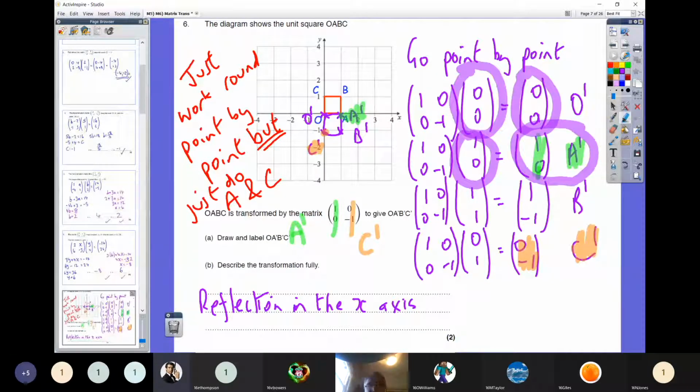Now, what you will notice when you get familiar with these is that the matrix that you're given to transform by, that 2 by 2 matrix, that 1, 0, 0, -1, that first column by definition is where A dash maps to. So do you see how I've just highlighted in green pen on the left, the 1 and the 0.